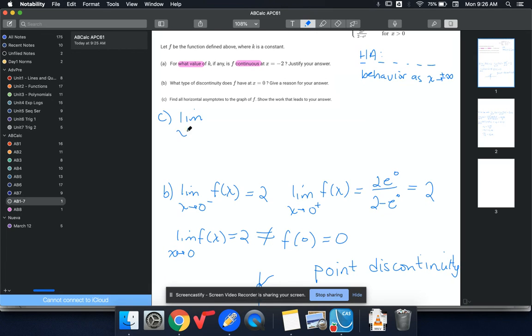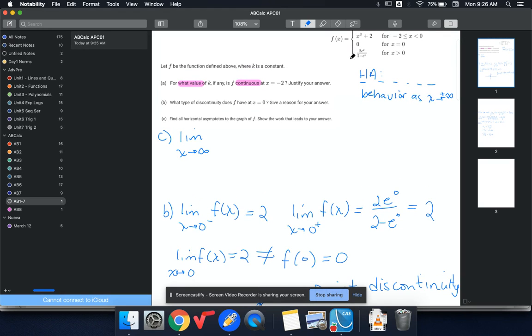So my limit as x goes towards infinity, well, that means I'm looking at this function of 2e to the x over 2 minus e to the x. Looking at that separately, I would have infinity over negative infinity.